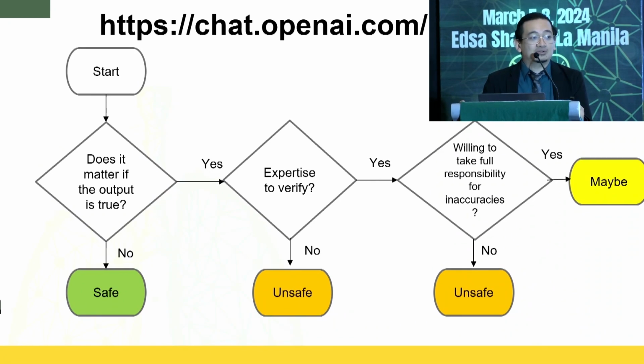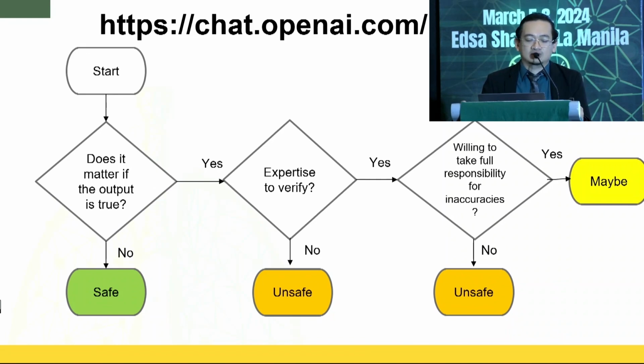If you're asking the AI to write research, even resources, even journals, and you don't know how to verify, it will create something out of thin air. So it's unsafe to use. For the last question, if you're not willing to take full responsibility for inaccuracies, definitely it will be unsafe. Just a simple algorithm to determine whether it will be useful for you.